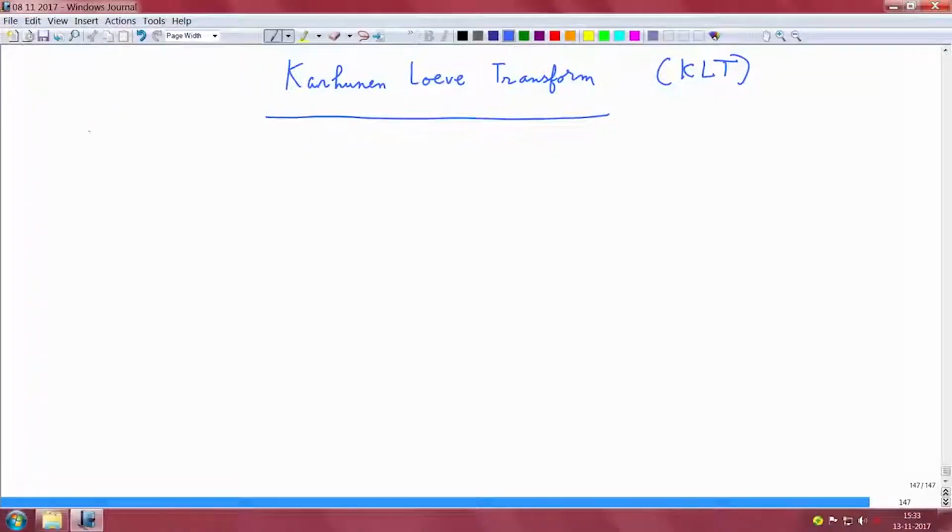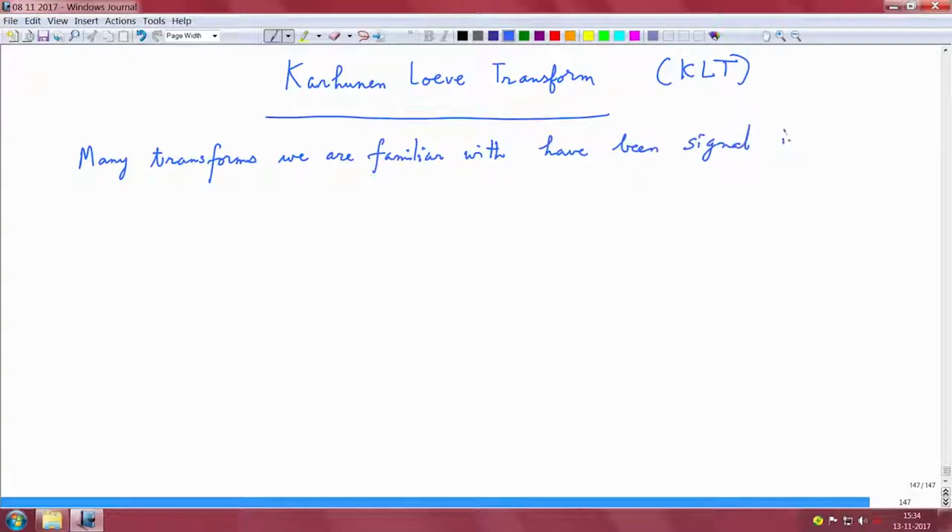If you see the broad structure, many transforms that we are familiar with have been signal independent. This is a very important thing. Many transforms we are familiar with have been signal independent.